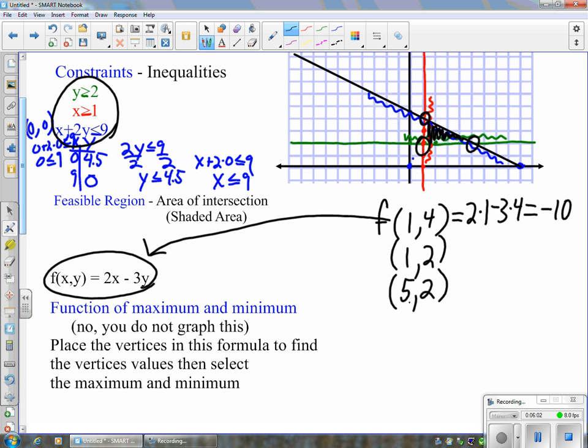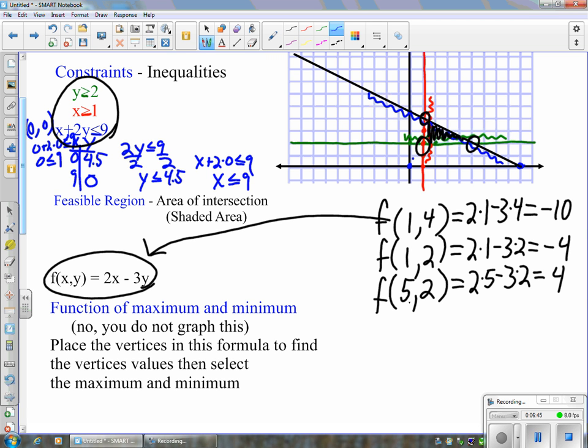The next value, to find f of 1, 2, we plug in 2 times 1 minus 3 times my y value of 2. 2 times 1 is 2, minus 3 times 2 is 6. So 2 minus 6 is a negative 4. And last, f of 5, 2 goes into that same equation. So 2 times 5 minus 3 times 2 is 10 minus 6, which is a positive 4.